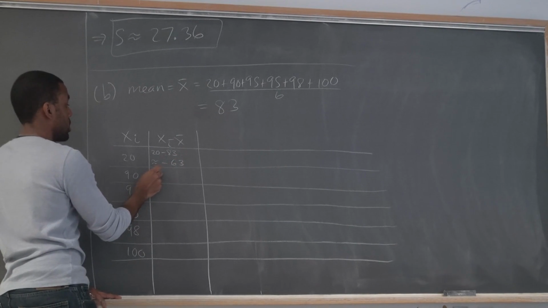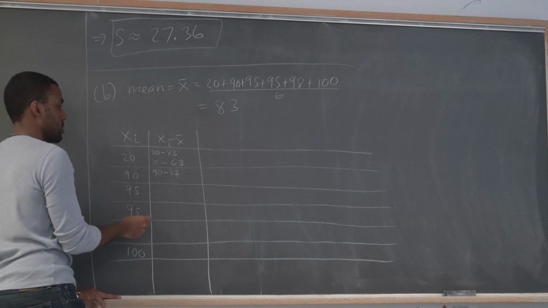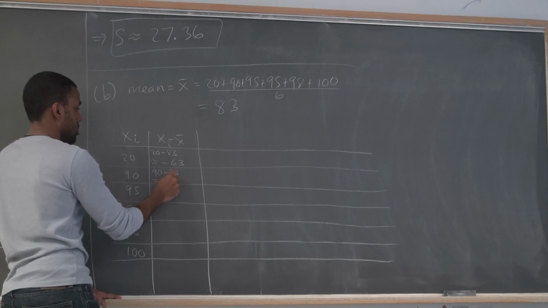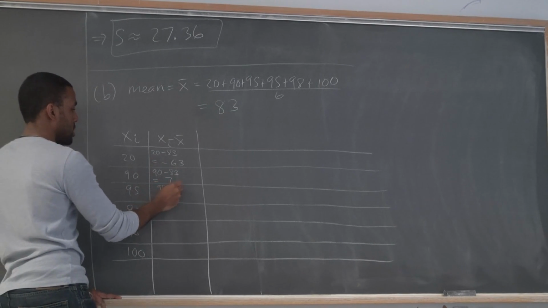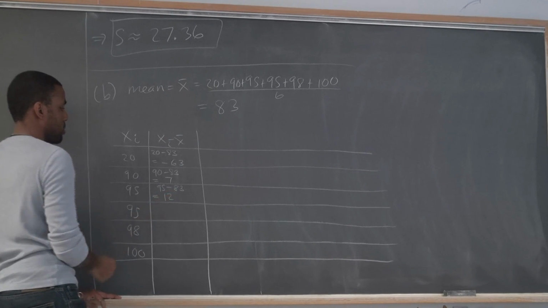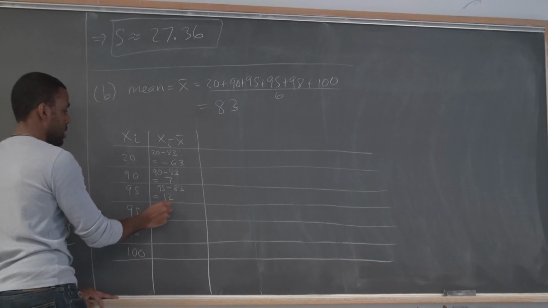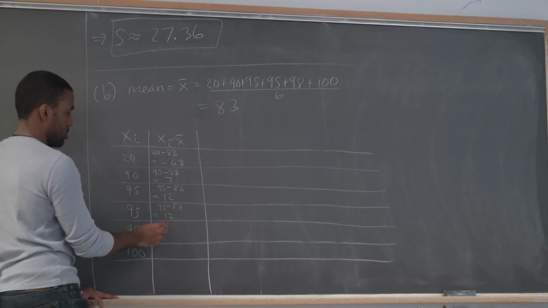Here you would take 90 minus 83, which is just 7. Here you would take 95 minus 83, 12. Here you would take, again, 95 minus 83, which is again 12.